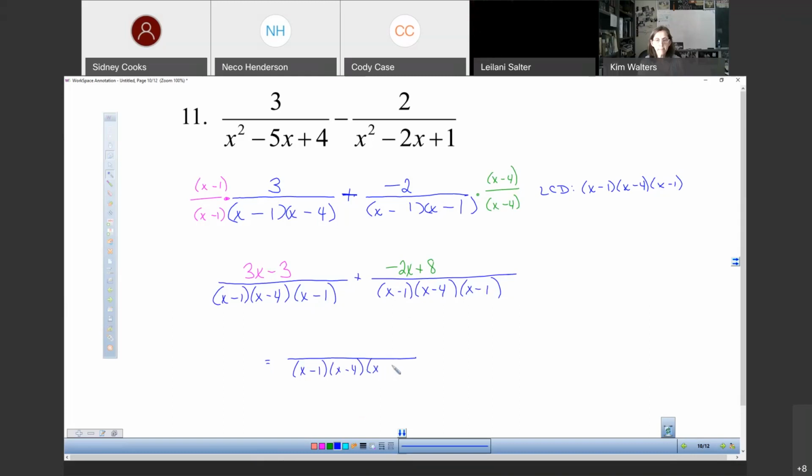Like I said, it really doesn't matter what order you put these in. My first numerator is 3x minus 3. My second numerator is negative 2x plus 8. Now I collect my two terms, and so I have x plus 5 over x minus 1, x minus 4, and x minus 1. And that is my final answer.